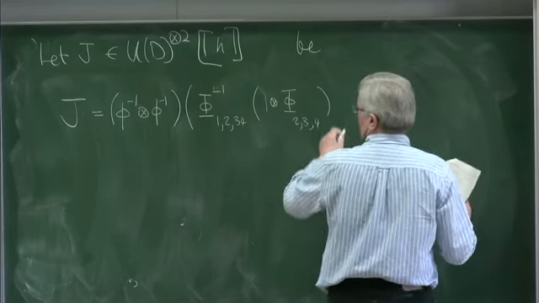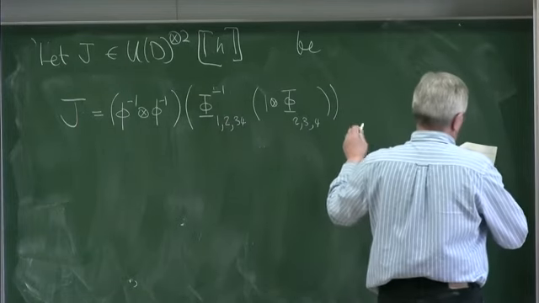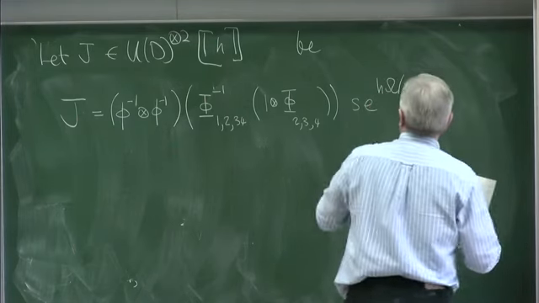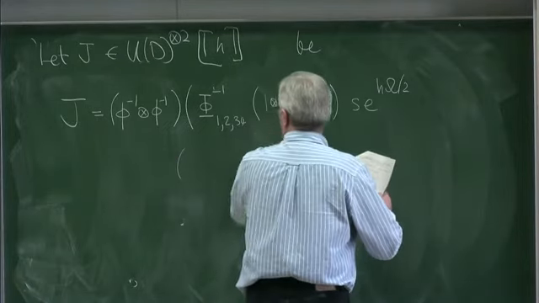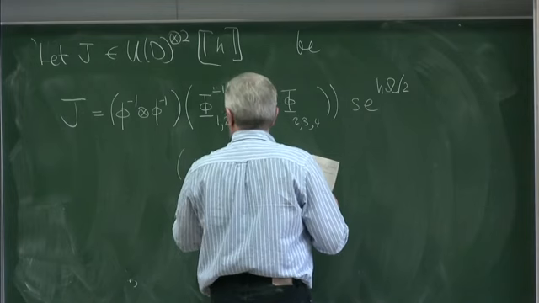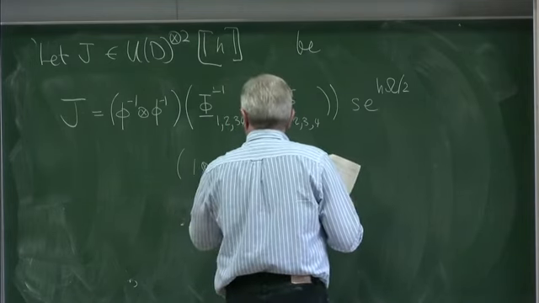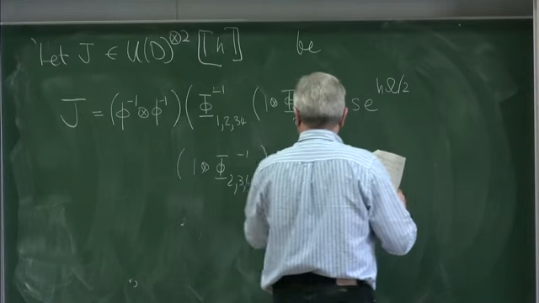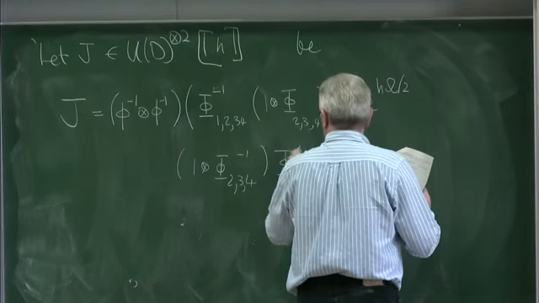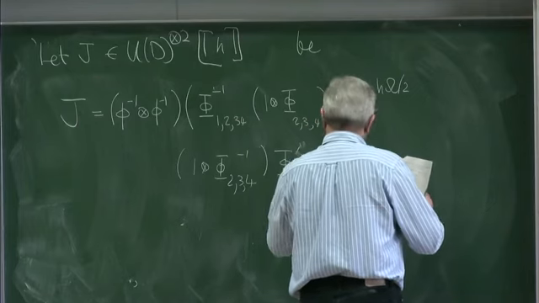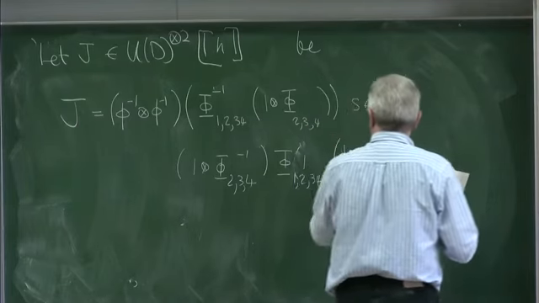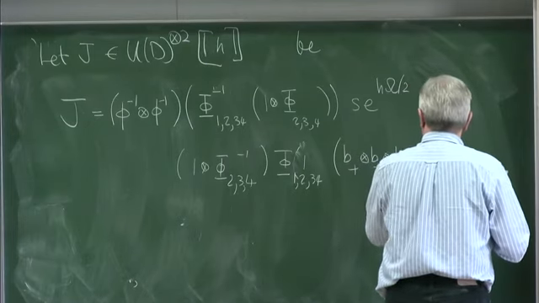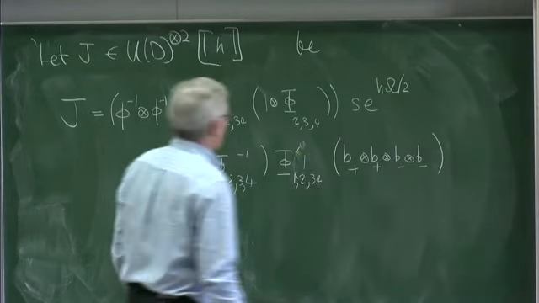Let's see how I'm doing on brackets. S e to the h omega over 2. Now I'm going to put the string backwards: 1 tensor phi 2, 3, 4 inverse. Right, so there's a monstrous formula.